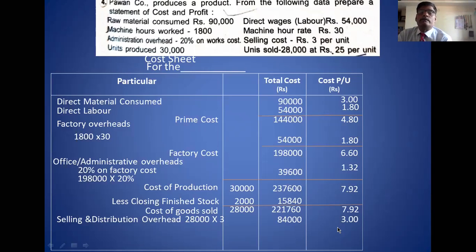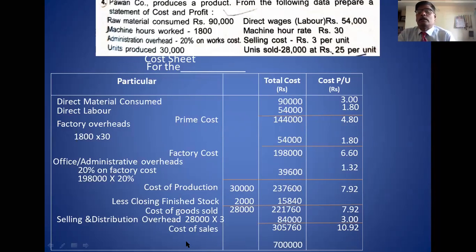Then whatever comes the total, this total is called cost of sale. Then you leave one line and take the sale. The difference will be profit or loss.